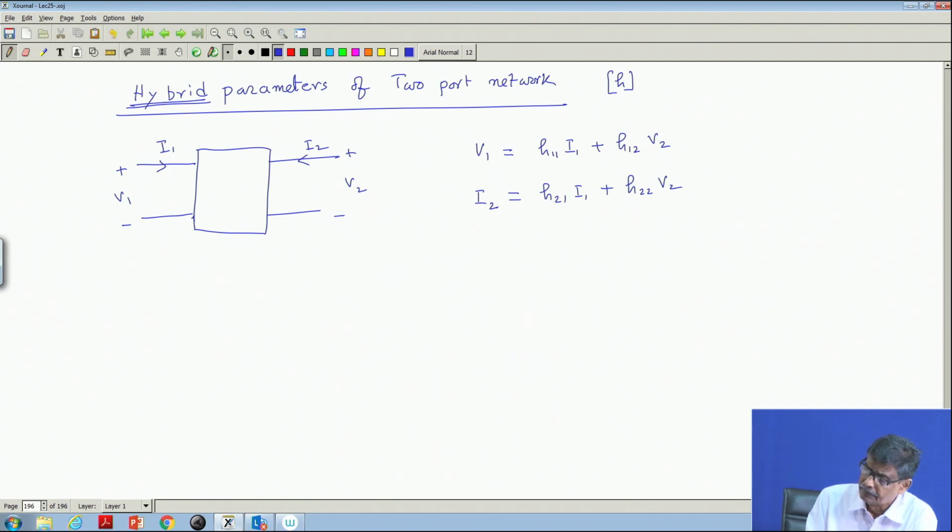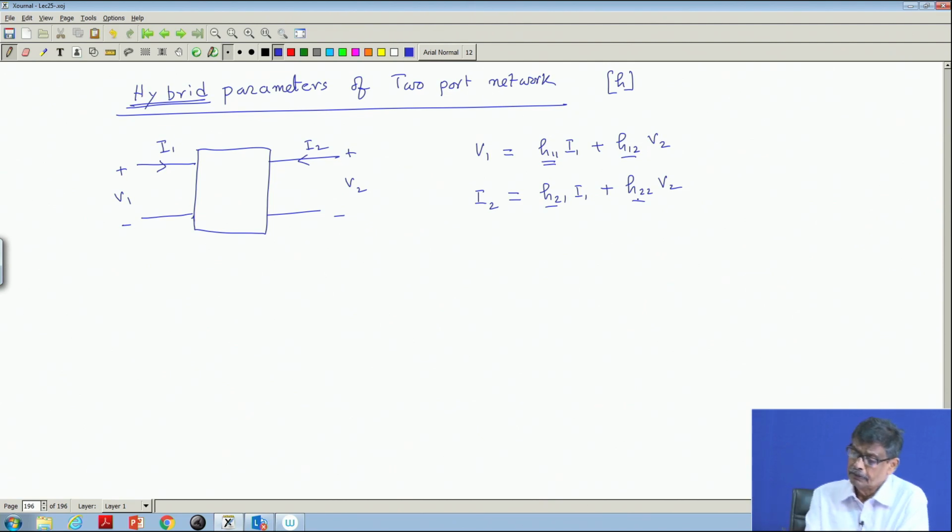Now, whether those parameters value will exist or not, we have seen how to also ascertain that. But right now, what are the implications of these parameters? Let us try to examine.